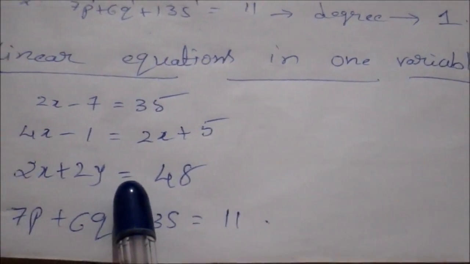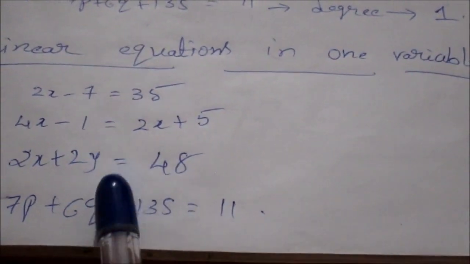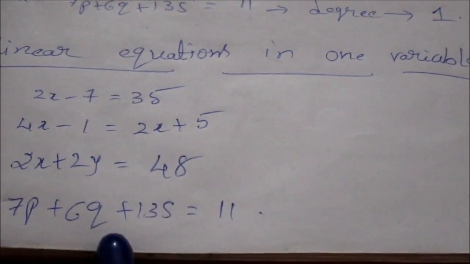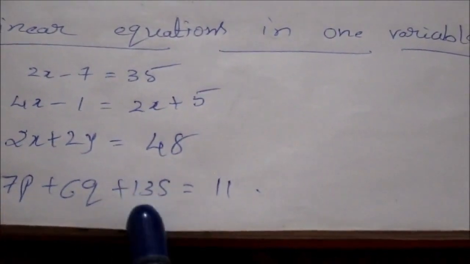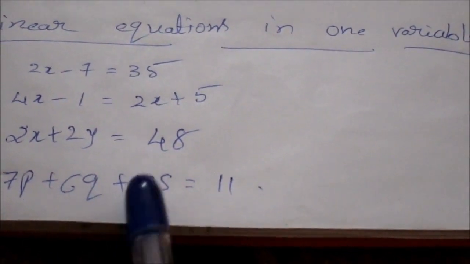The third one is a linear equation in two variables, x and y. Consider the last example. 7p plus 6q plus 13s equal to 11. Here the degree is 1, so this is also a linear equation, but consider how many variables it has. p, q, s. This is a linear equation in three variables.